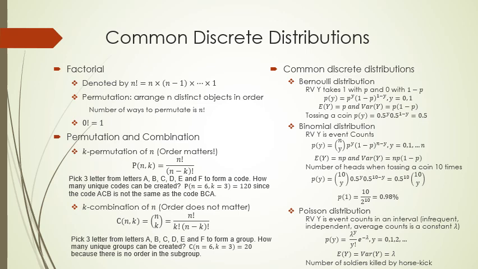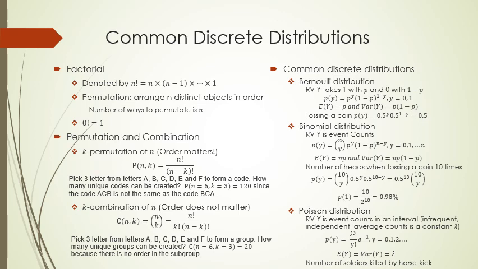For example, if we pick 3 letters from letters A to F to form a code, we have n equal to 6, k equal to 3, which gives 120 unique codes because the order matters. The code ACB is not the same as BCA.